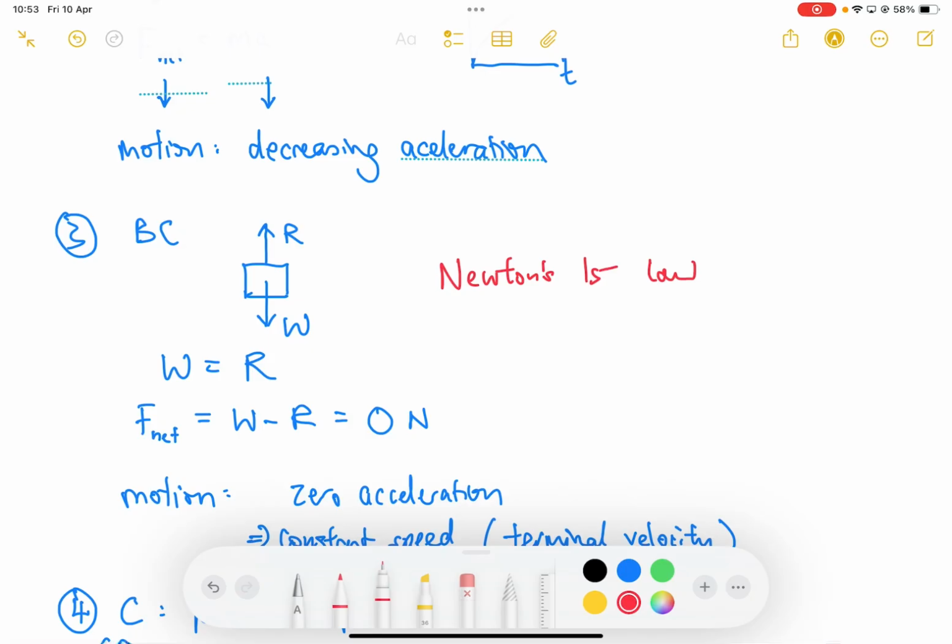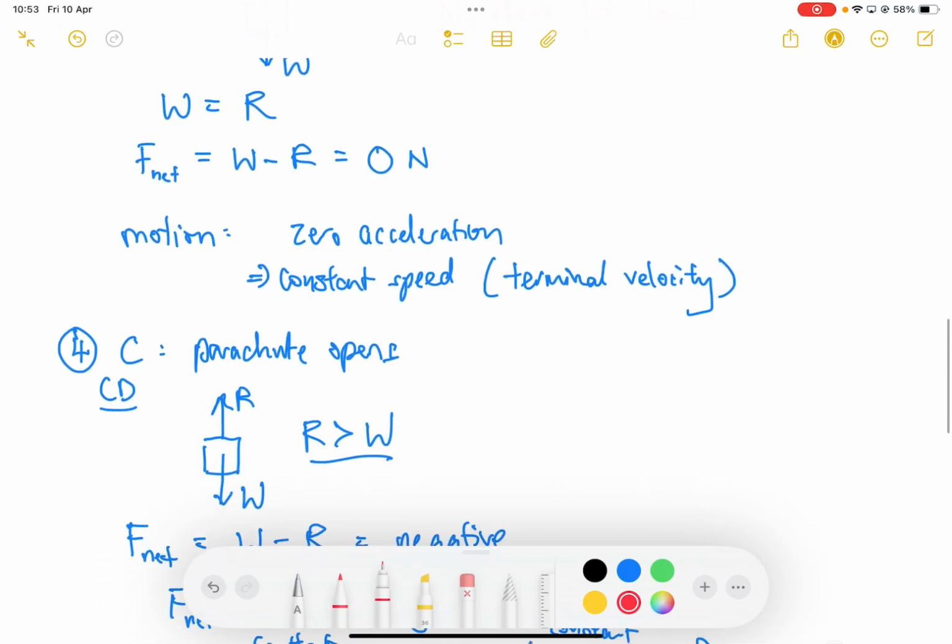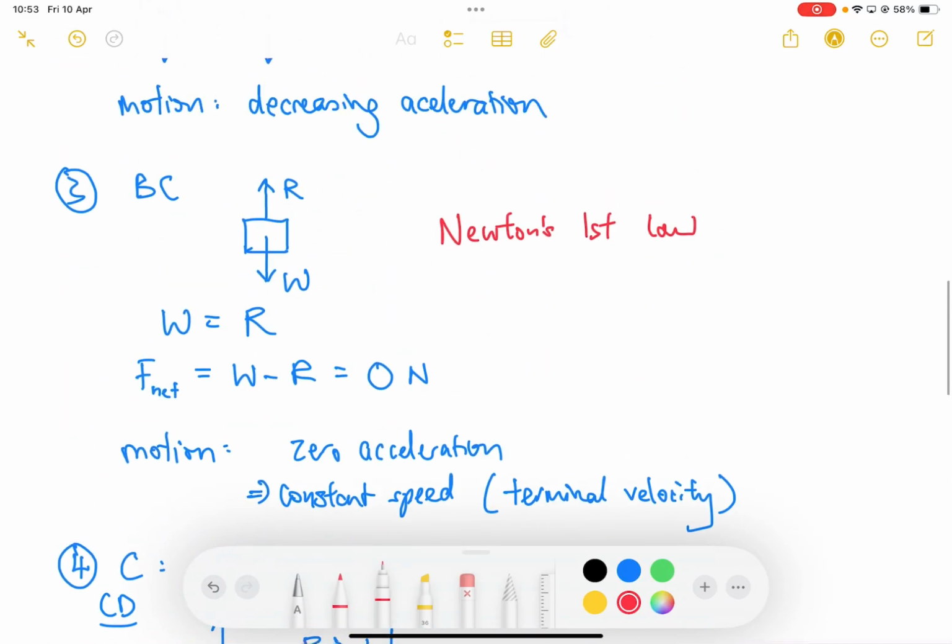Yes, balanced forces, the resultant force is zero. Okay, the forces are balanced, the resultant force is zero. Okay, Newton's first law, right? You notice that I didn't write F equal ma over here, although you can actually, right? You can write F equal ma and a is equal to 0 because F net is 0. You can do that, but in general, for our syllabus, we will use Newton's first law for balanced forces.